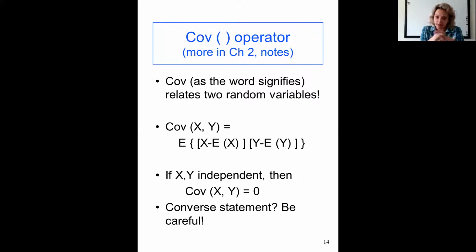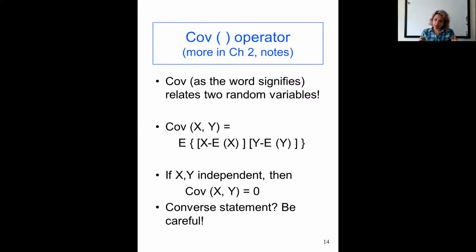The covariance of X and Y is the expected value of X minus mu for X times Y minus mu for Y. So it's the deviation of my X variable from its mean times the deviation of the Y variable from its mean. We multiply those, and the expected value of that gives us the covariance of X and Y.